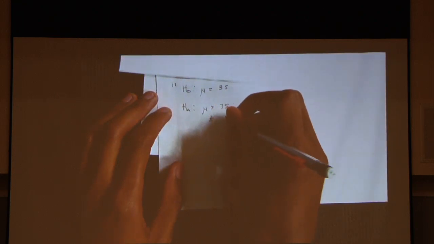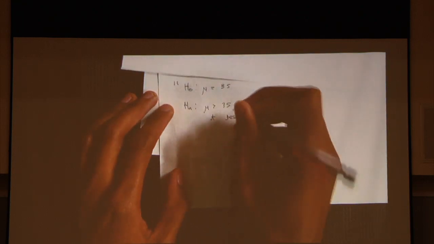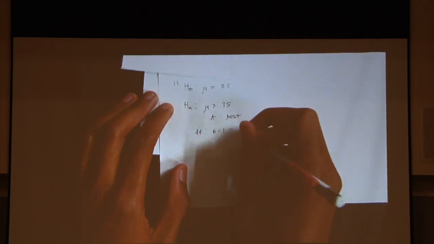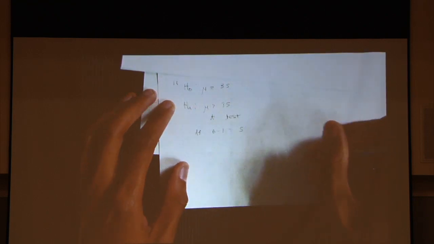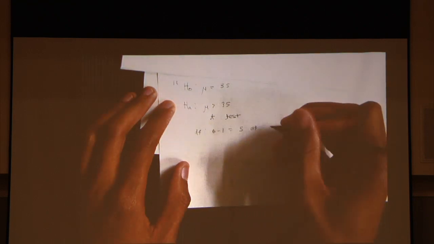And like we said, it is going to be a t-test. Degrees of freedom is what you need: 6 minus 1, because 6 runs were made to find the data that you ended up finding. So that's the degrees of freedom.